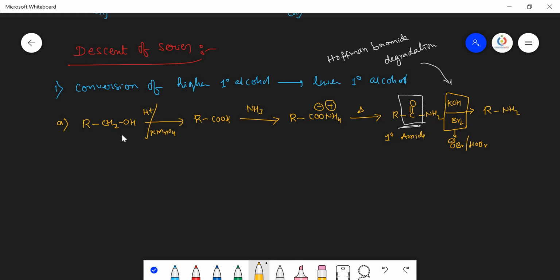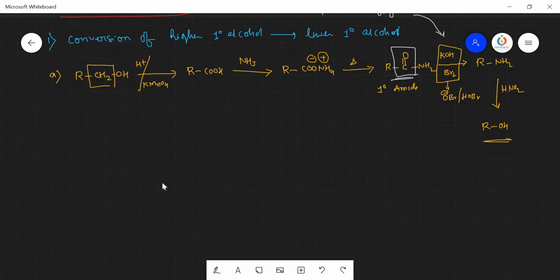Okay, so here this particular carbon group has been removed by using this particular step. So we got the primary amine. Primary amines subject with the HNO2, they give the alcohol. Okay, and one more procedure is there.